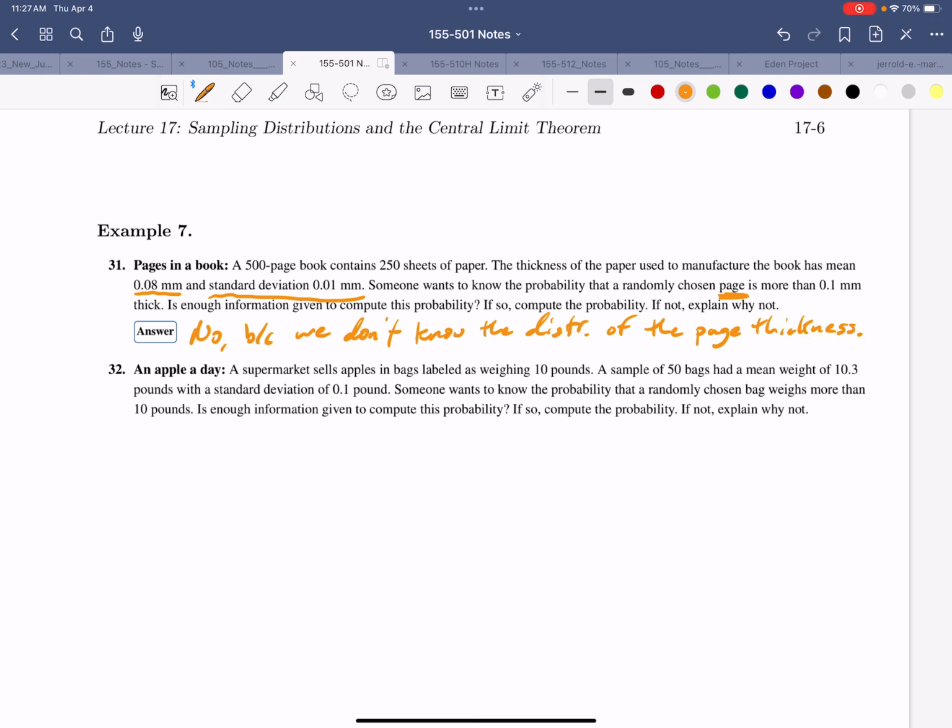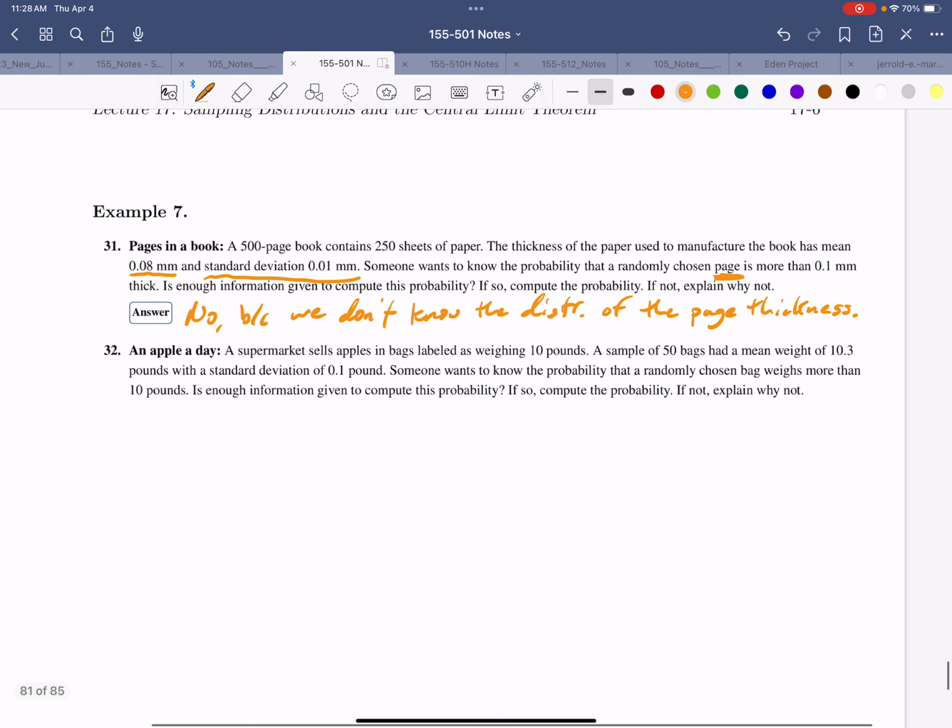If it were approximately normal, then we would be able to calculate it. But we don't know that. Or if we took a large sample of pages, like a sample of 30 or more pages, then we could compute the probability that the sample mean is more than 0.1 millimeters thick. But for a single page, no, we cannot.